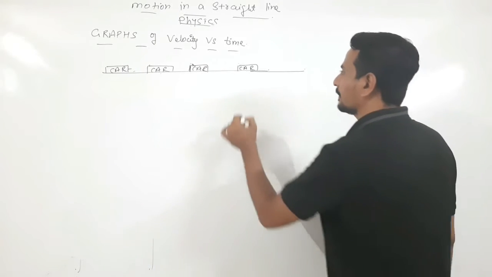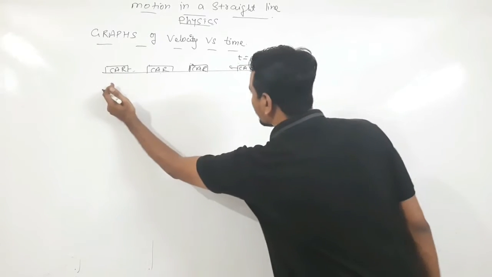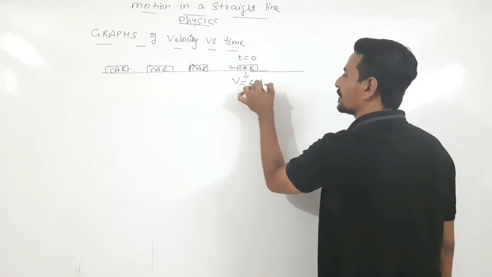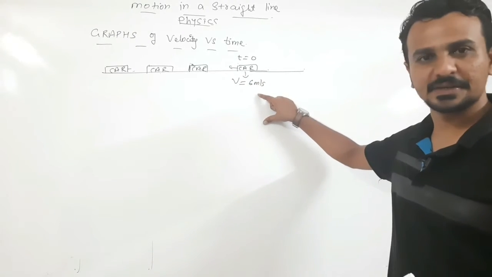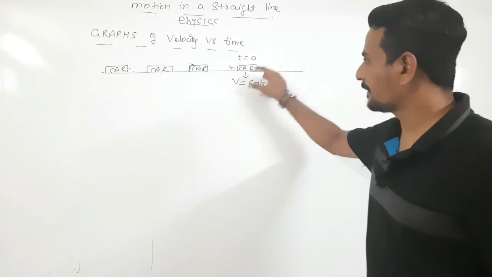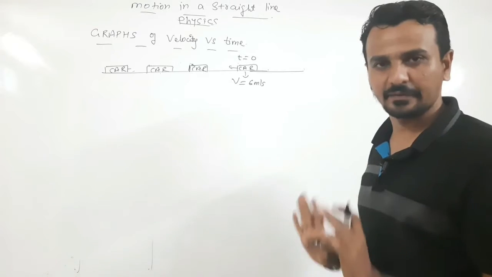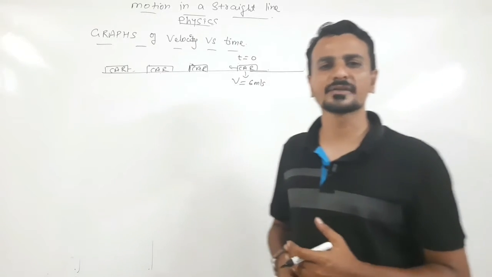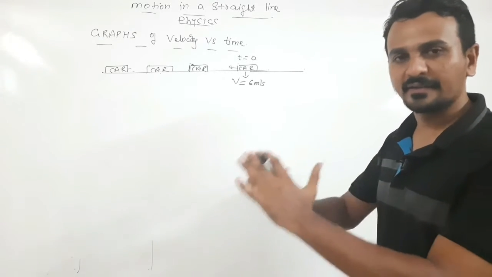Okay, so say at t equals to 0, the car is moving in this direction, the velocity of the car is say 6 meter per second. The car is moving at a velocity of 6 meter per second, and now the driver is slowly and steadily applying brakes, right? So while applying brakes, definitely the velocity of the car goes on decreasing. Let us assume that the velocity of the car decreases uniformly.